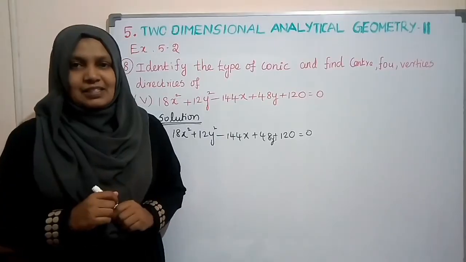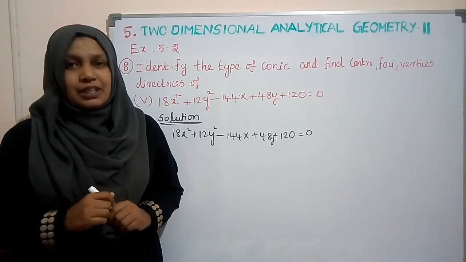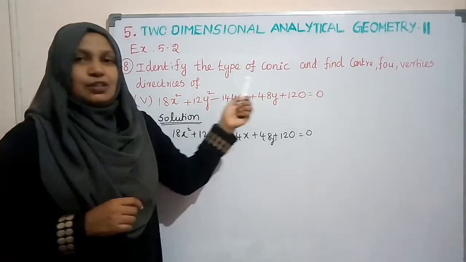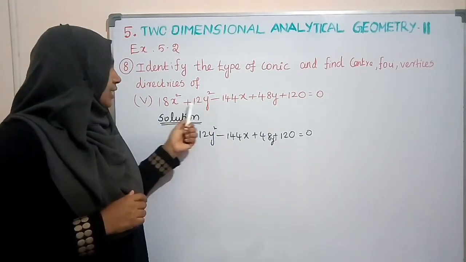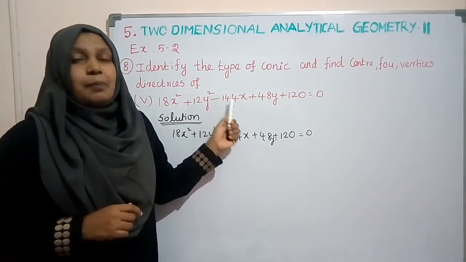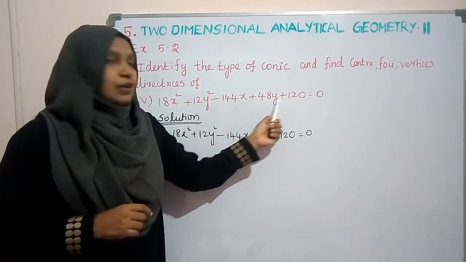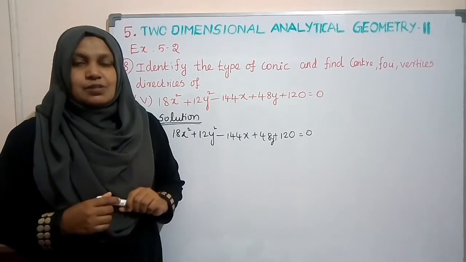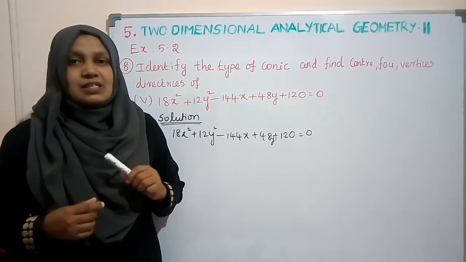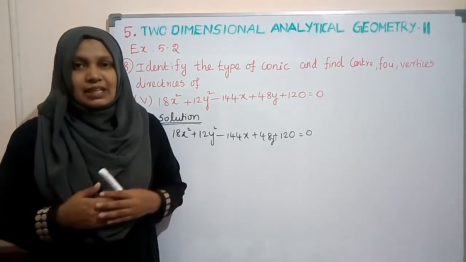Now question number 8. Identify the type of conic and find the center, foci, vertices and directrix of this equation: 18x square plus 12y square minus 144x plus 48y plus 120 is equal to 0. So we have to check whether this equation is of the first type or second type.